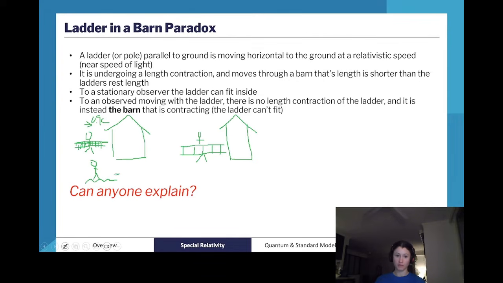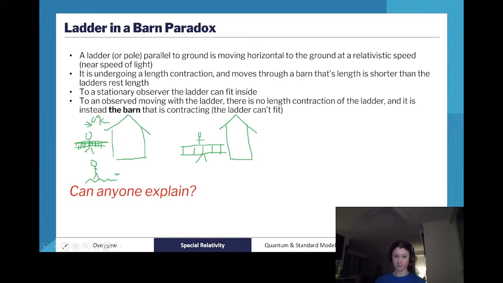The observer sees the ladder fit inside, but from this person's frame of reference, the ladder is never going to fit inside because it's too long. So, who's right? What is the solution? How can it be that in this person's frame of reference, the ladder fits in, but in this person's frame of reference, it doesn't? Does it fit or does it not fit?